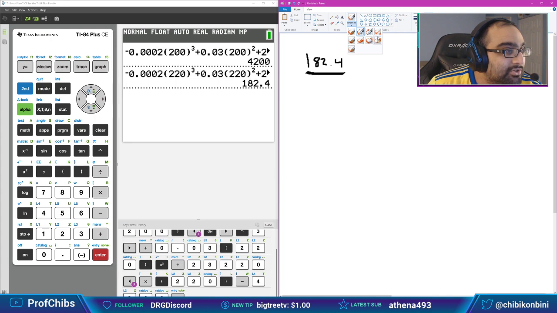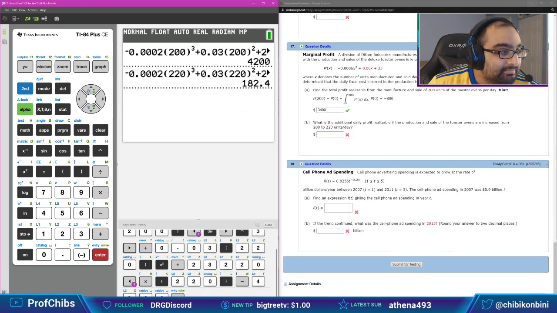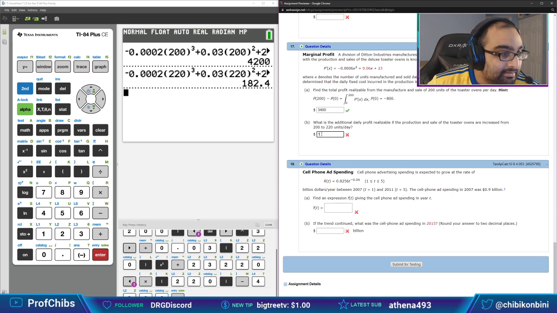Let's see which brush is the best. I don't even know. Oh, that looks terrible. All right. Okay. Any questions about that? Let's check to see if that's correct.